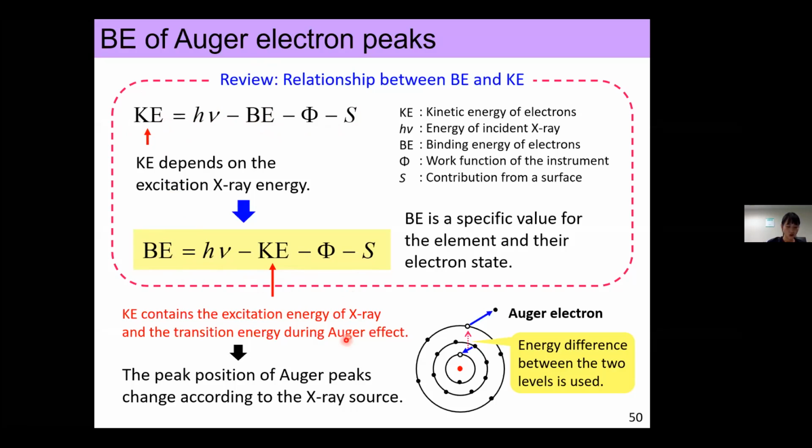When it comes to an Auger peak, KE contains the excitation energy of X-ray and the transition energy during the Auger effect. Therefore, the peak position of Auger peaks change according to the X-ray source. For Auger peaks, the intensity is plotted as a function of KE.